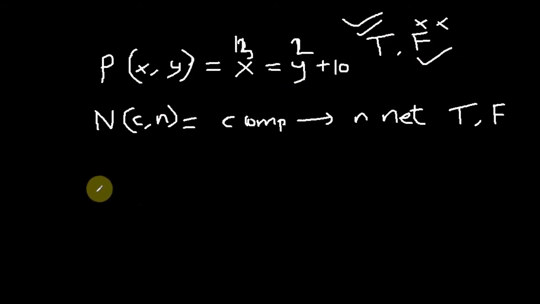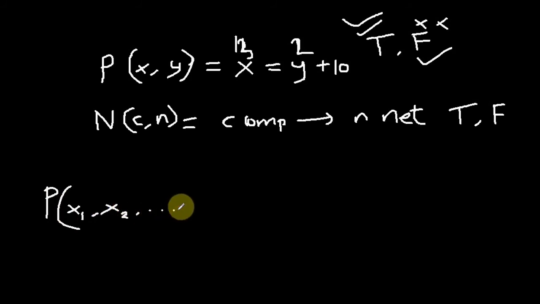It is usually denoted as P and then the variable values. Don't think that a predicate cannot have more than two variables. A predicate can have any number of variables. For example, x, y, x1, x2, and so on.